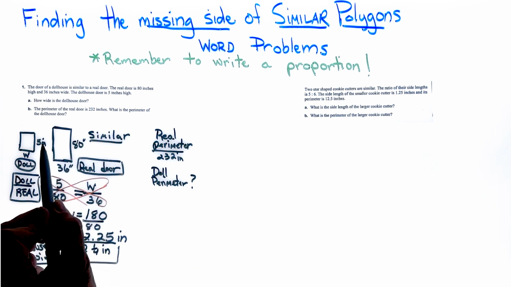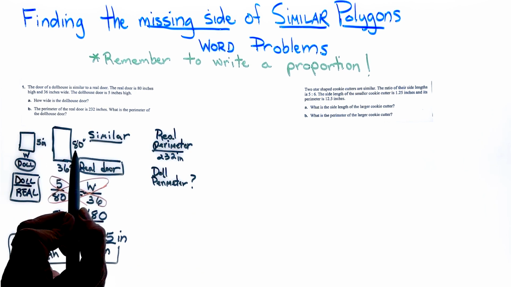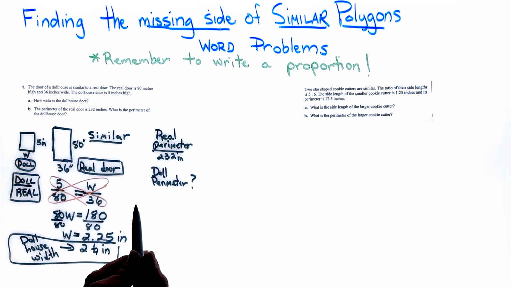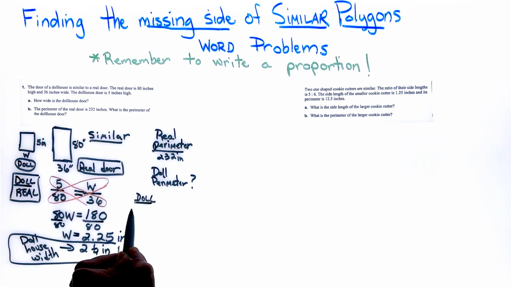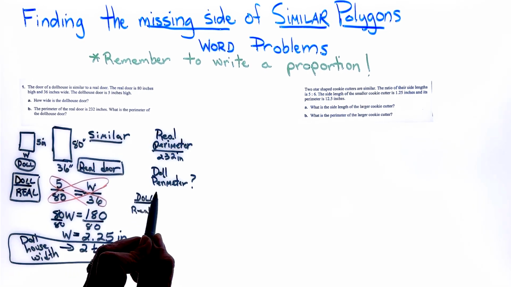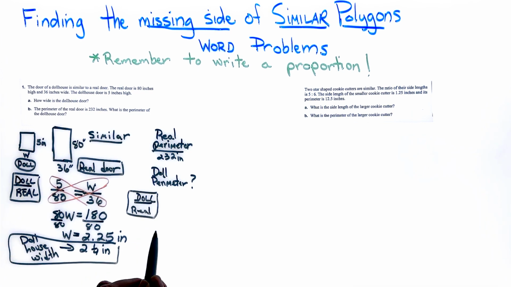So now remember, we can go ahead and set up a proportion, setting up two sides that you know already from the picture, making sure that it's correct. So again, we are going to set up our thought box. Here's doll over real. So I know everything from the dollhouse will be on the top, everything from the real dimensions will be on the bottom.